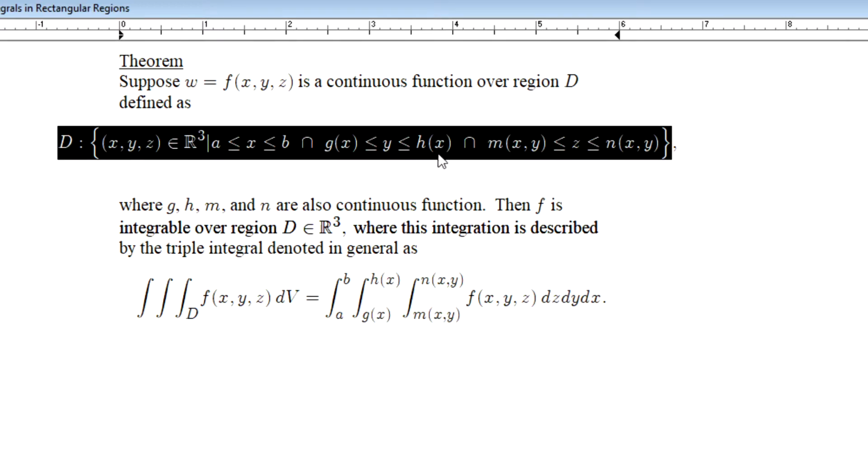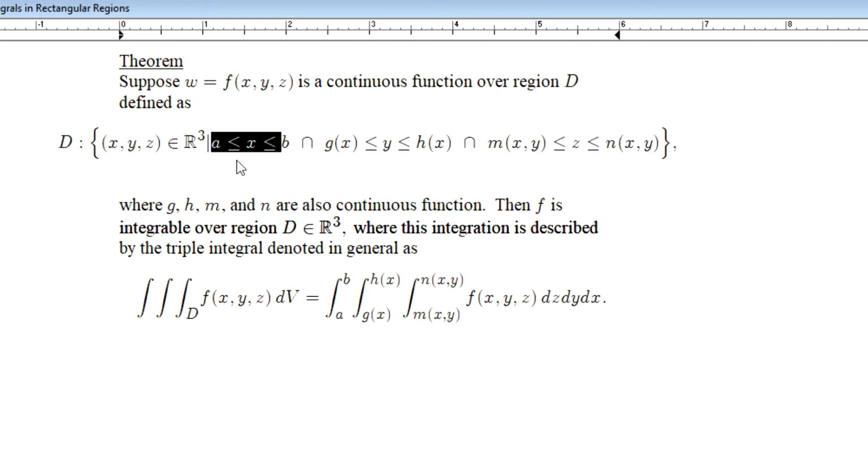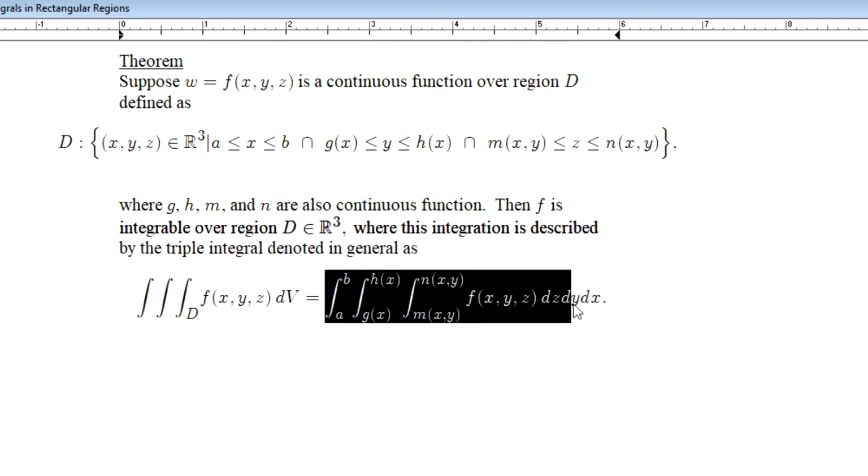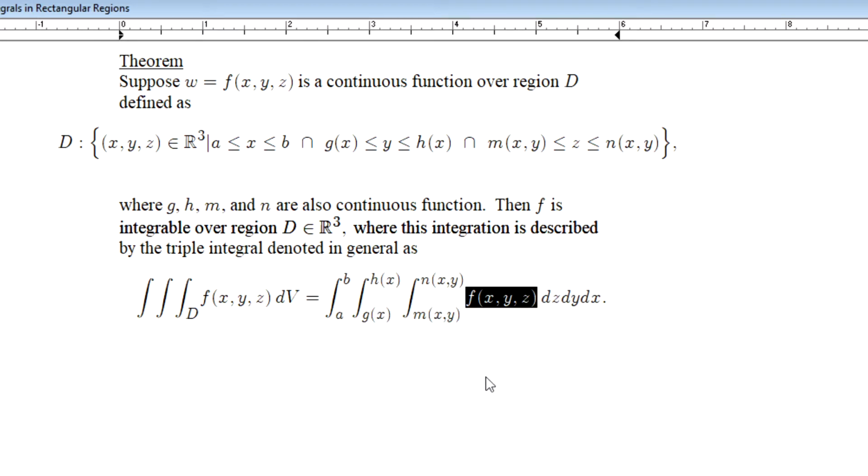If our specifications on D are given here, x being bounded between a and b, y being bounded between g of x and h of x, and z being bounded between these functions of x and y, m of x,y and n of x,y, then this triple integral stated in general here is equivalent to this specific format, where you can see we are integrating 3 times across this function f, where that order is happening very specifically.